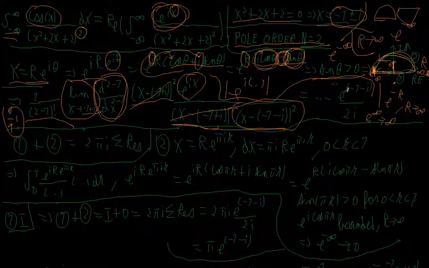Anyway, and at the end I do all these manipulations here, and I should get e to the (minus 1 minus i) over 2i. Okay, that is my residue. It's not that clear, but it's that. It's e to the (minus 1 minus i) over 2i.